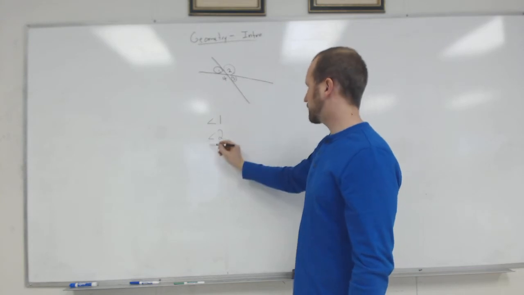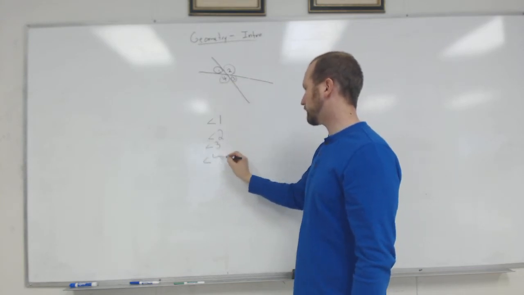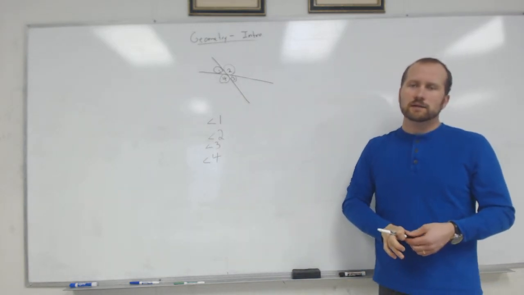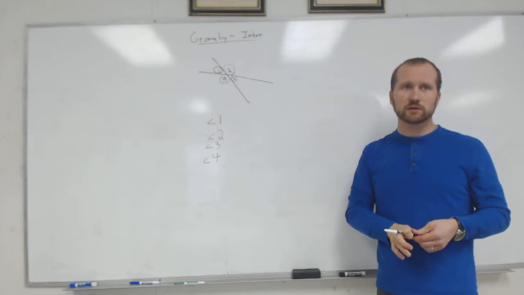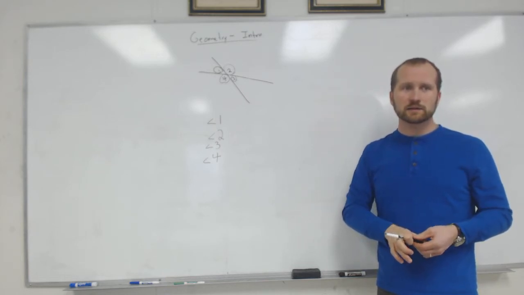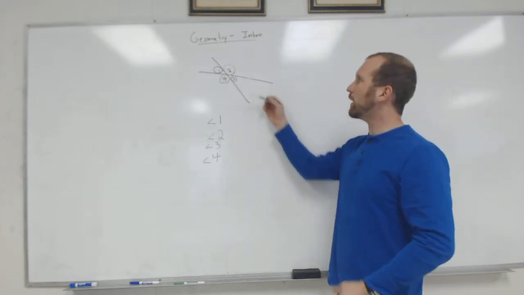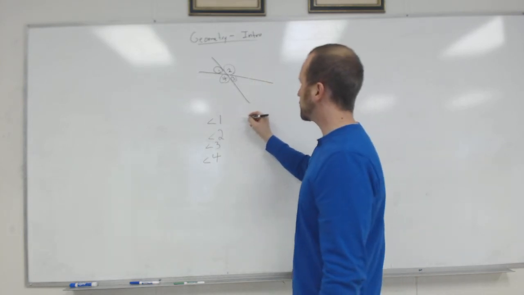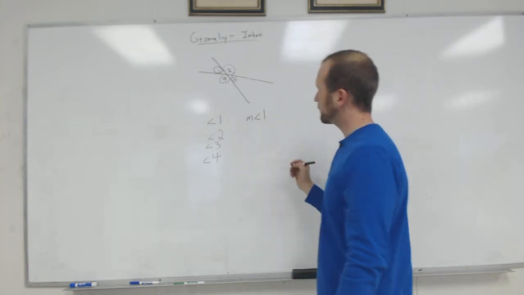This is angle 3, and this is angle 4. An important thing to realize about geometry, though, is that an angle is just an angle. It's not a number. So if we wanted to talk about how big angle 1, angle 2, angle 3, or angle 4 is, we would talk about the measure of that angle.